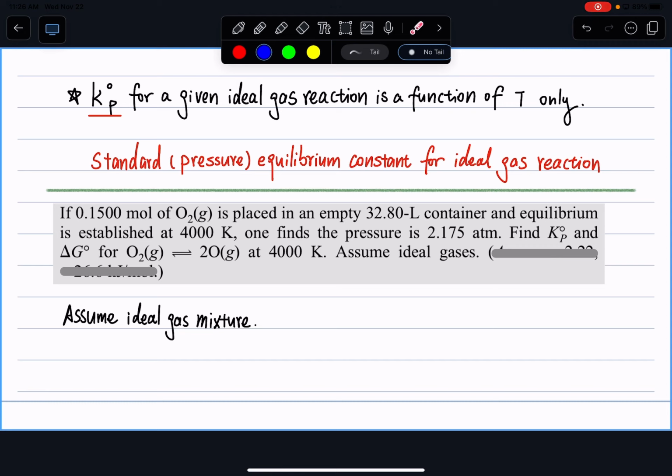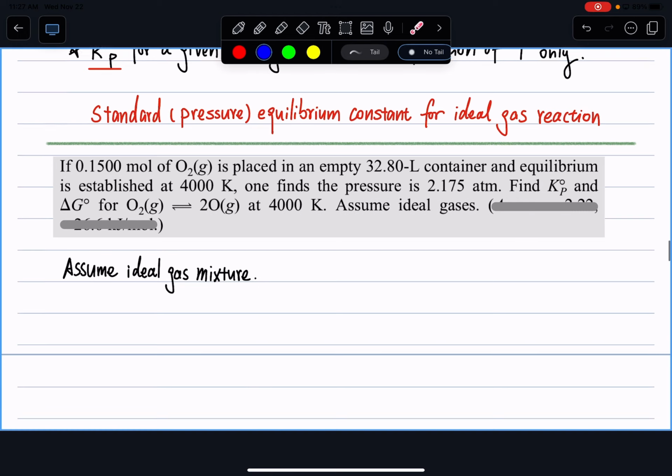All right. So this should be one of the easier questions to answer since the reaction is relatively easy. And when you have a more complicated reaction, you might need to solve a quadratic equation to solve for that extent of reaction there. Okay, so that's the pressure version of your equilibrium constant.